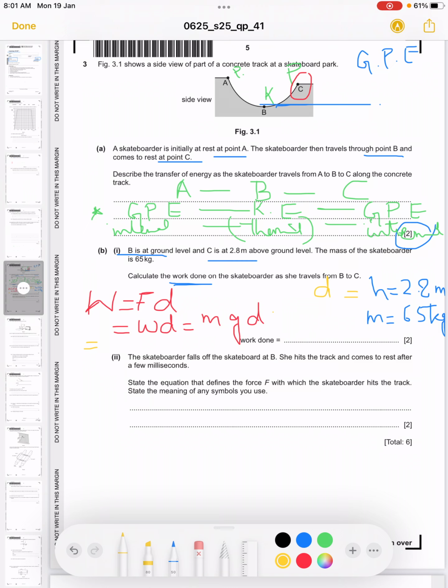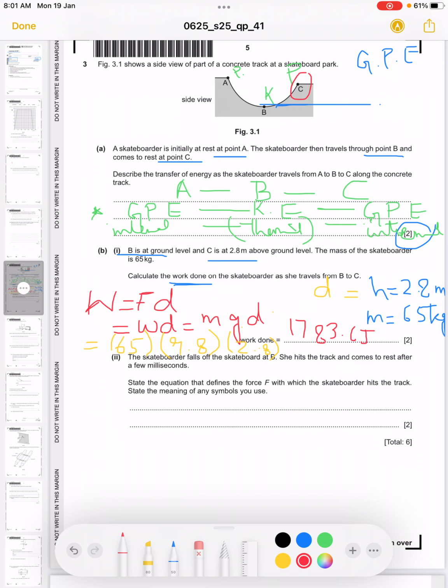So I am putting 65 multiplied by 9.8 and multiplied by 2.8. Just multiply it and tell me the answer. You will get 1783.6 joules.